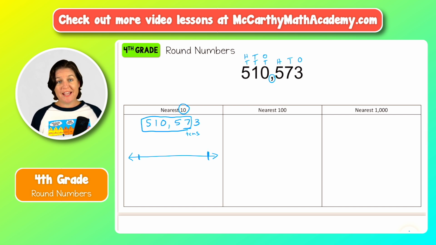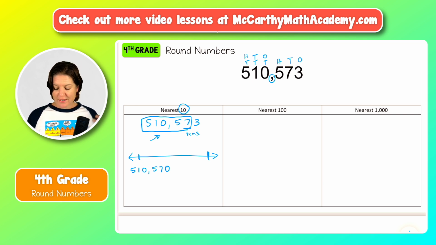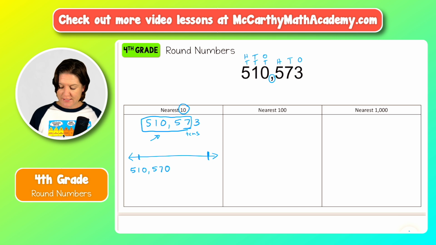So what we're going to do is take the tens that it's between, starting with this that we have in the box right here. Okay, so it's actually between this number, which you can see is our number in the box, and we put a 0, or 51,057 tens. I know that's a weird way to write this because it's a huge number, but it's between that many tens and this many tens.